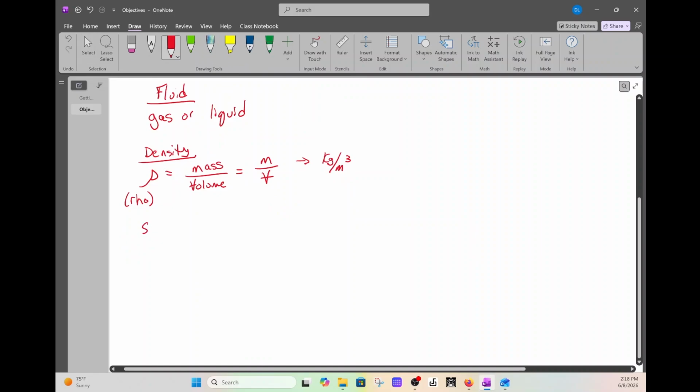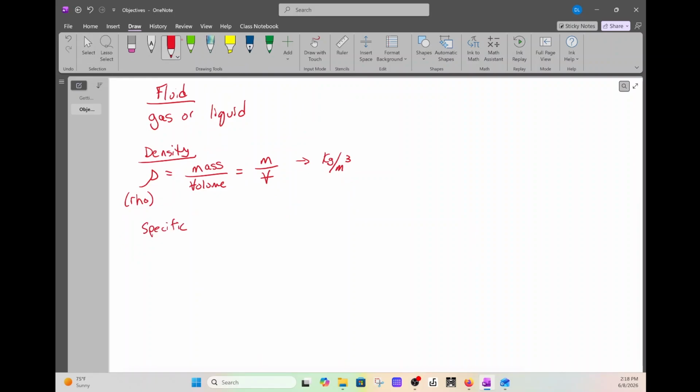All right, let's look at specific weight. Gamma. Gamma is the density times gravity. So the unit of density is kilograms per meter cubed. Unit of gravity, meters per second squared. Okay, so you could get a unit of kilogram over meter squared, second squared.